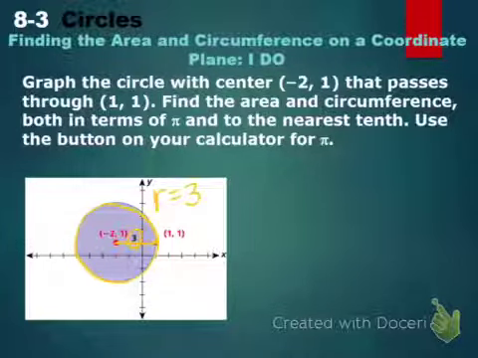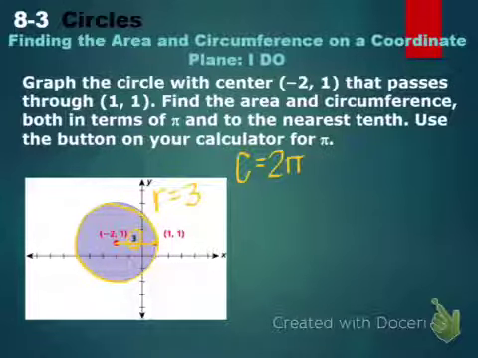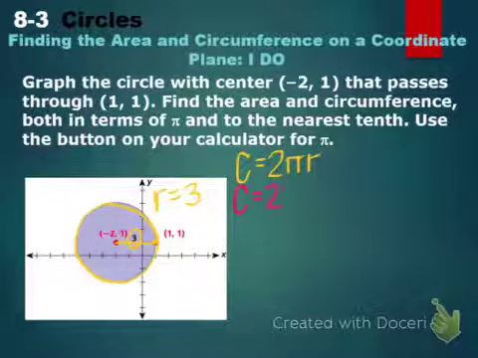So let's start off by finding circumference. Circumference is 2 pi r or pi d. They're giving us the radius. So we're going to use the formula c equals 2 pi r. Now let's substitute. We know that our radius is 3, so 2 pi times 3. A little simplification, 2 times 3 is 6.